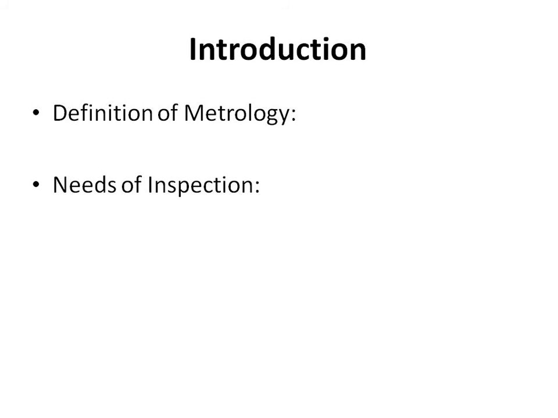This is possible only when dimensions of component parts are made with close dimensional tolerances. This is only possible when the parts are inspected at various stages during manufacturing. Inspection should be done at various stages during manufacturing.